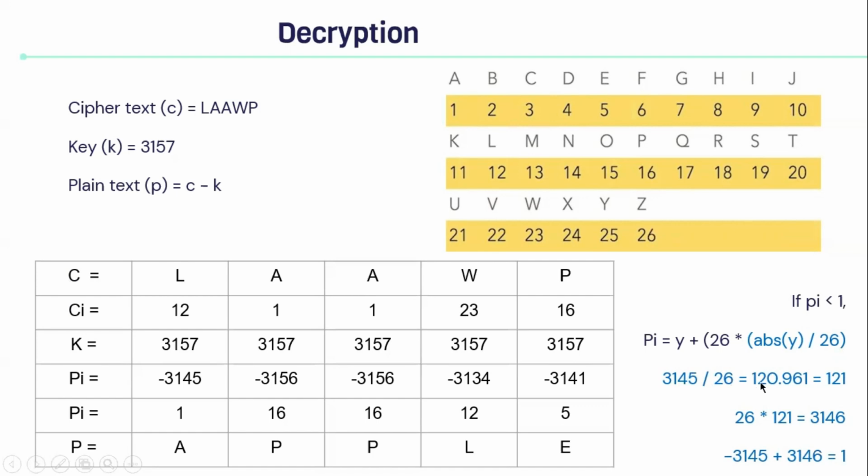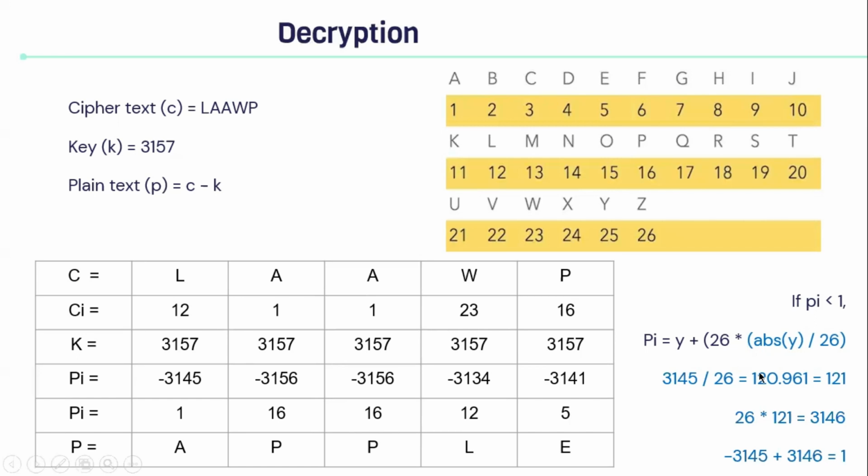If the value is in subtraction, then we have to round it up no matter what. Even if the value is 0.01, we have to round it up no matter what. So the rounded up value is 121.